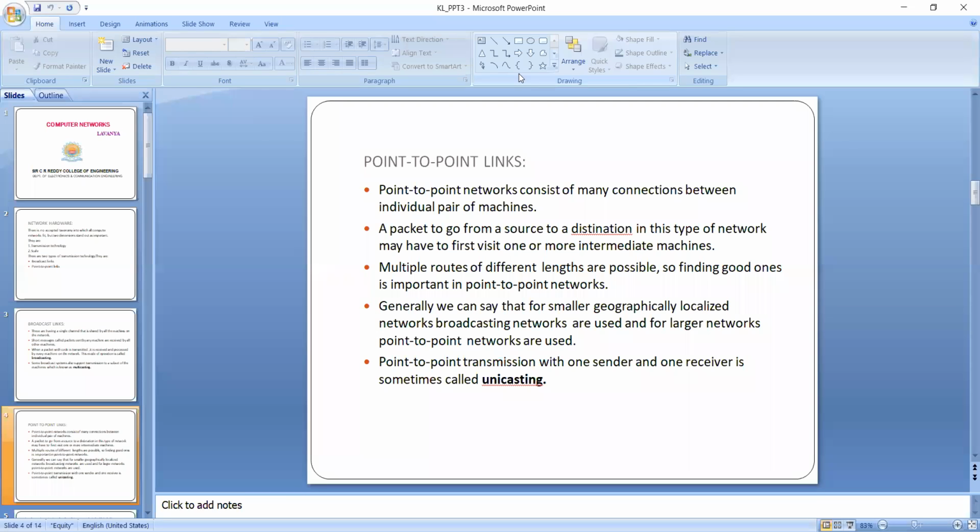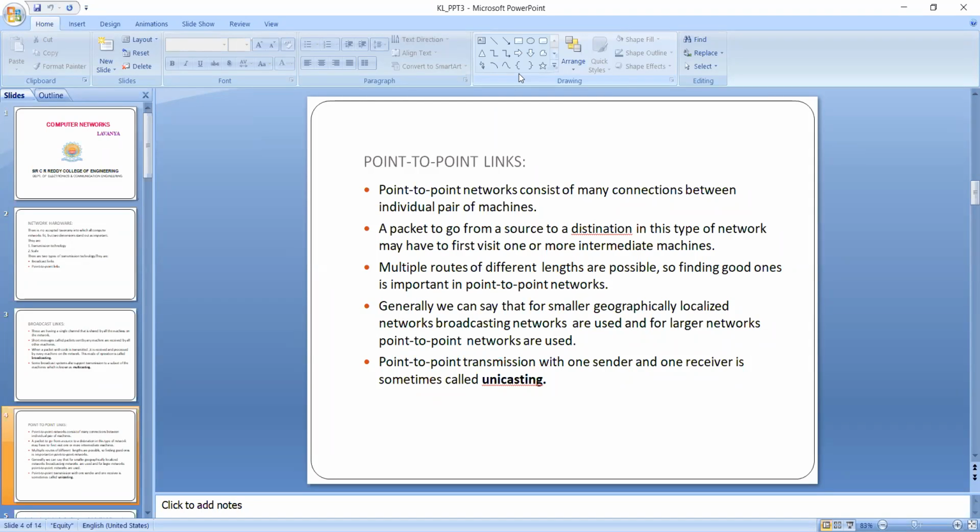So generally we can say that broadcast networks are suitable for smaller geographically localized networks, and point-to-point links are used for larger geographically localized networks. Next, there is the term unicasting.